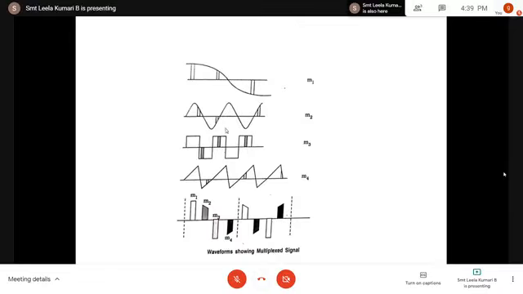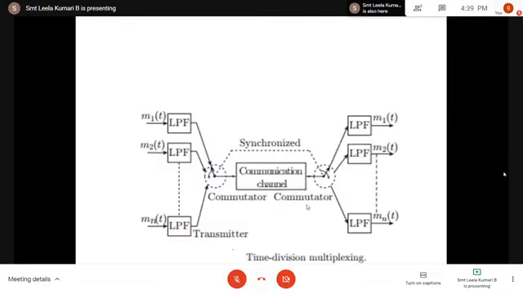In order to ensure less crosstalk between the signals, a guard time should also be provided to reduce the crosstalk. This figure shows the basic concept of time division multiplexing. Here the multiple pulsed signals are fed to a type of electronic switching circuitry, defined as a commutator.